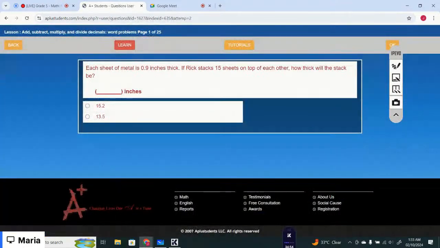They are already solved. Each sheet of metal is 0.9 inches thick. If Rick stacks 15 sheets on top of each other, how thick will the stack be?